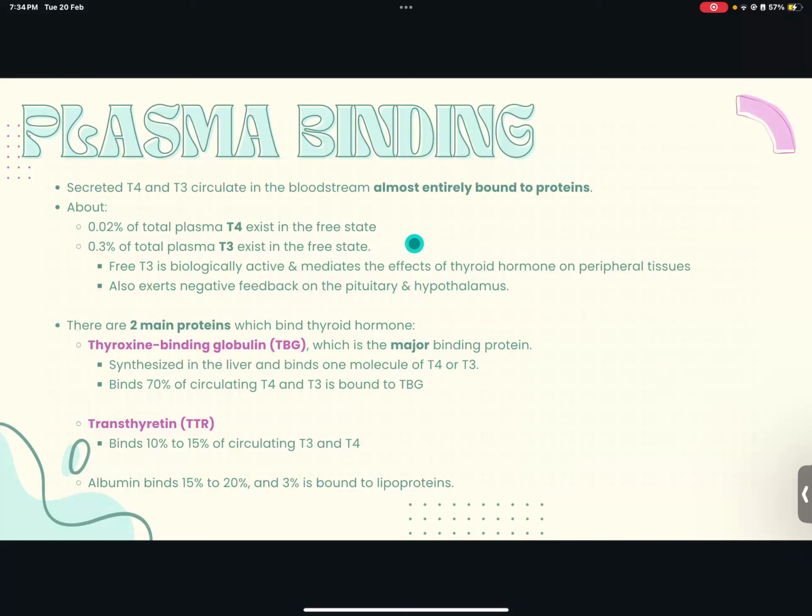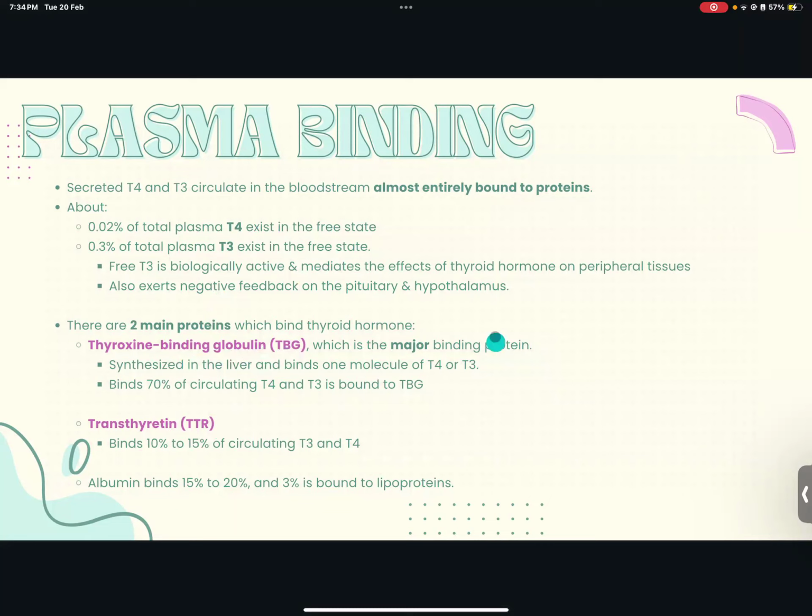Okay, so plasma binding. Now, we said that T3 and T4 are going to circulate in the bloodstream almost entirely bound to proteins. So they're going to bind onto two main proteins, TBG, which is thyroxine binding globulin, and transthyretin.